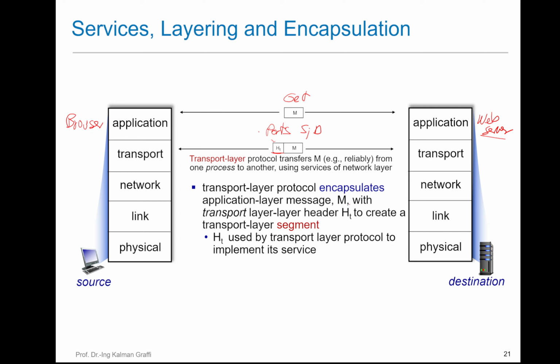It takes the whole message of the application layer and adds a header to it to create a so-called segment. It also adds information to support the detection of lost messages and reorder issues, but more and more information is added.